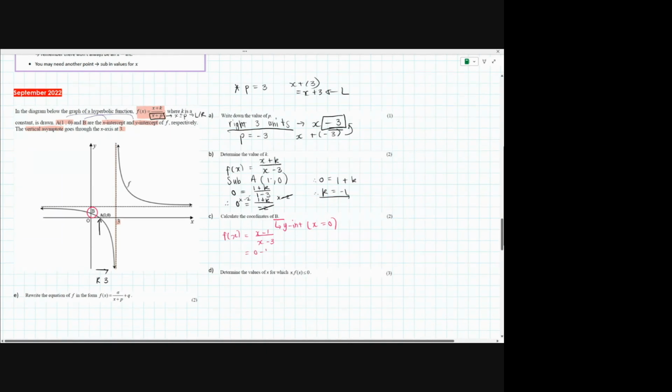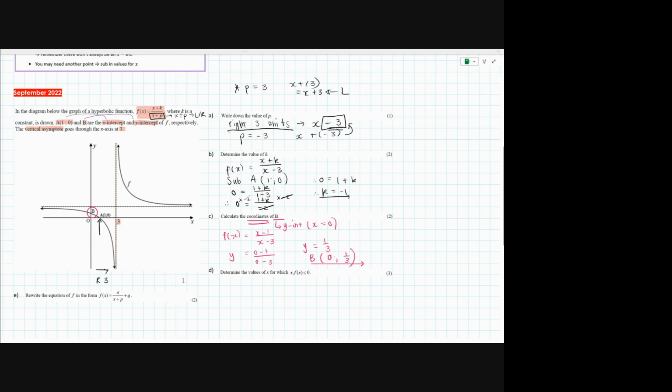So 0 minus 1 over 0 minus 3 gives us a y-intercept of a third. Now, it does say coordinates of B, so write down your answer as a coordinate. 0, a third. But now we know exactly where B exists. And so if we need to use our y-intercept a bit later on, it's right there. We have it.